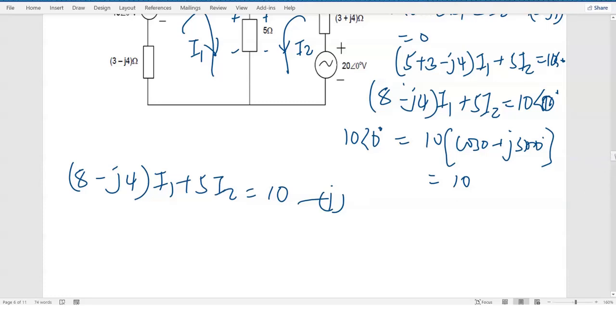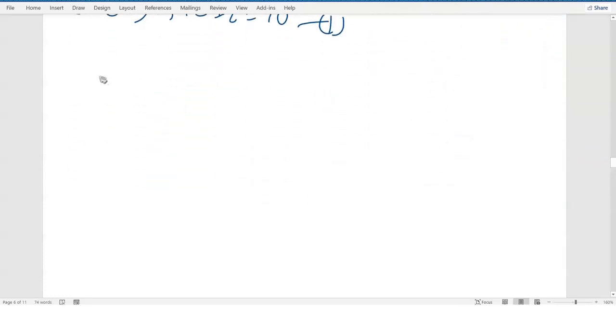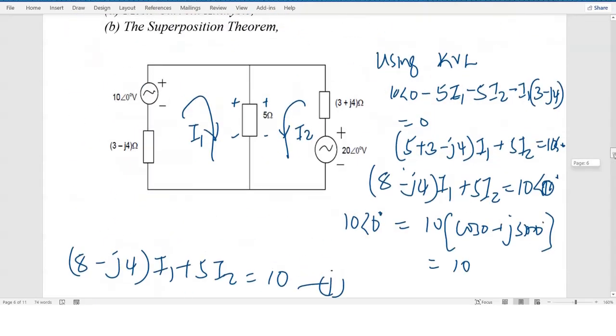Let's consider mesh 2. If I consider mesh 2, what is this going to be? I'm going to consider now the voltage drops from this 20 volts source going throughout the other branch.